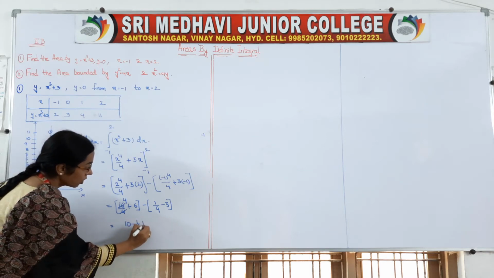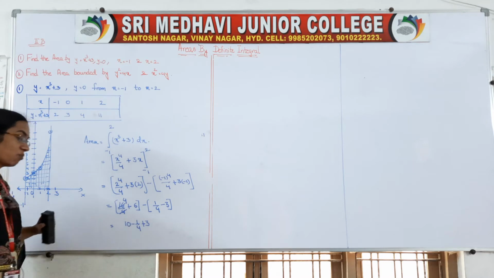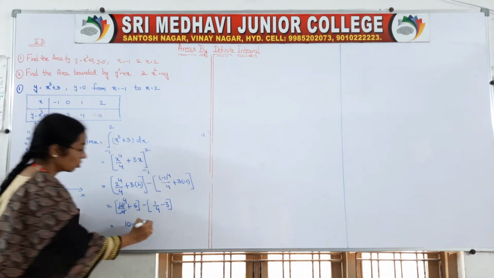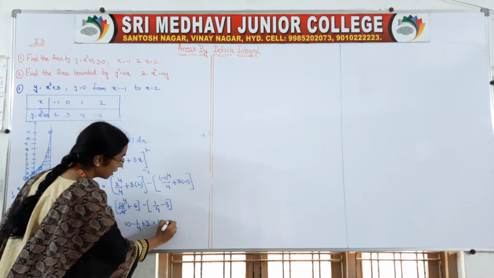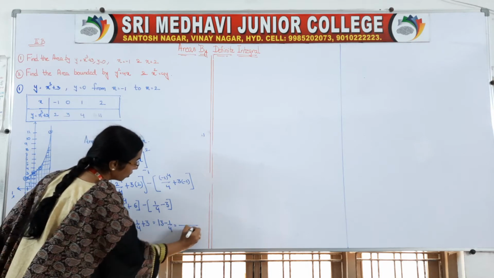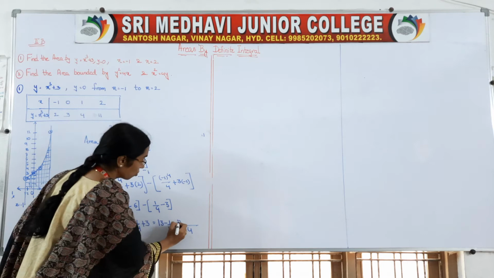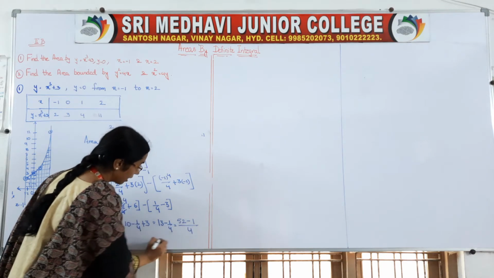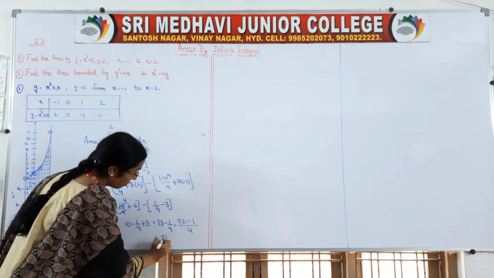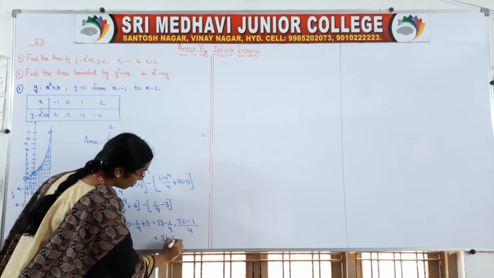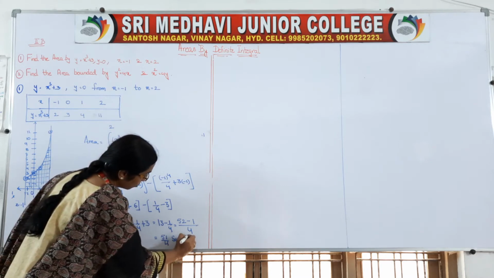Minus 1 by 4 plus 3. Minus of minus is plus. So it is 13 minus 1 by 4. 4 is the LCM. 13 fours are 52, minus 1, it is 51 by 4 square units.